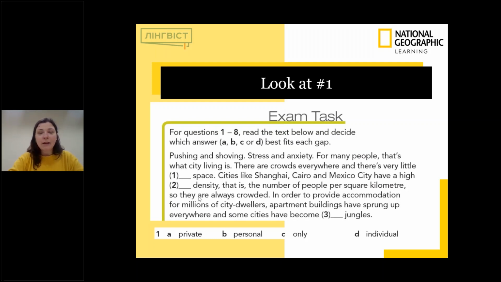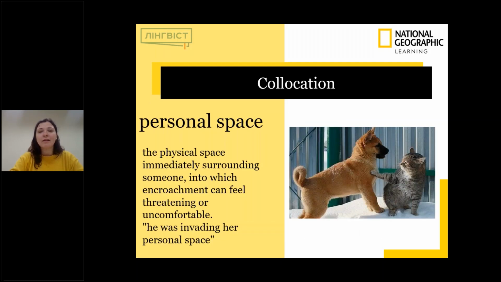And here we have the collocation, which surprisingly is not like in our native language. This is personal space. Yeah, we even have this picture that demonstrates it to us.